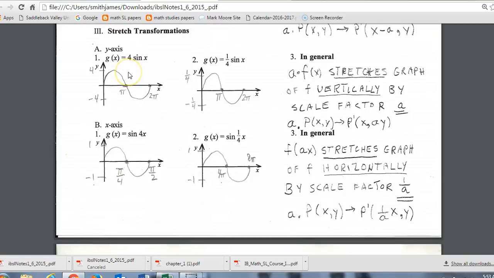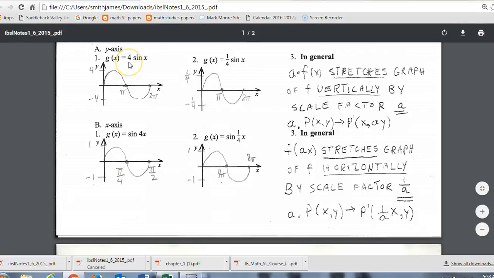So the ones you just saw up top were adding and subtracting. Now if we get into multiplying, these are going to stretch your graph either up or down or left or right. If you remember, the parent function to the sine graph typically has a max at 1 and a minimum at -1. But when I multiply the entire function by 4, it's going to multiply my max and my min by 4.